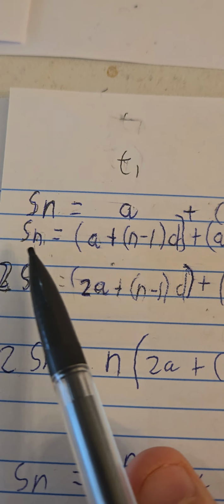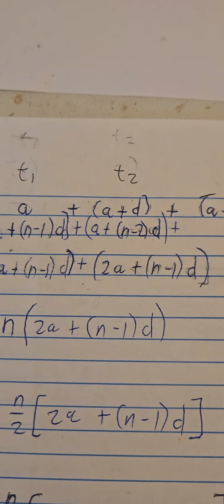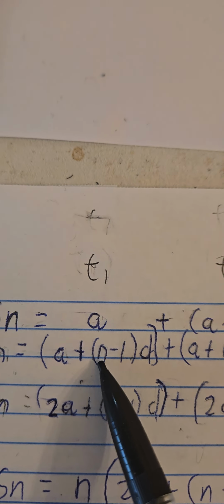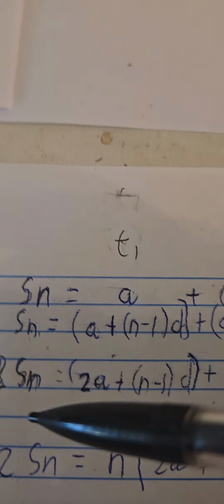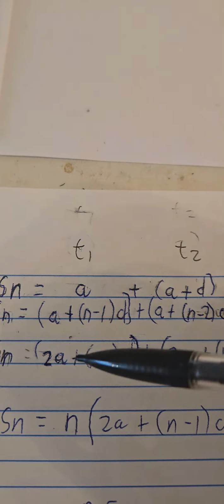What I'm going to do now is rewrite it, but in reverse order. I'm putting term a here, a plus d, etc., all the way until a plus n minus 1d. That's the sum of all the n terms, and it'll get the same answer if I reverse the order. And what I'm going to do now is add each column.